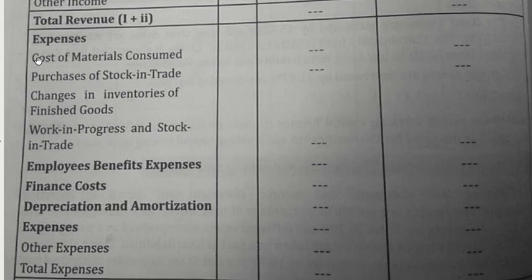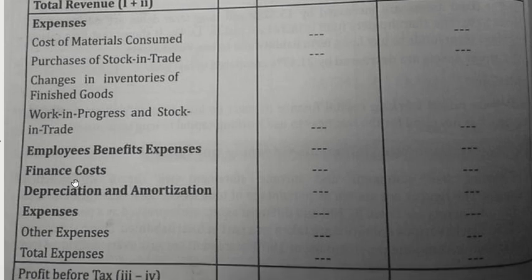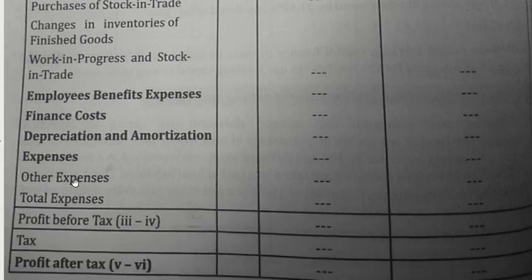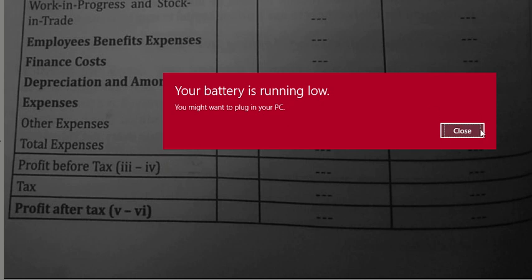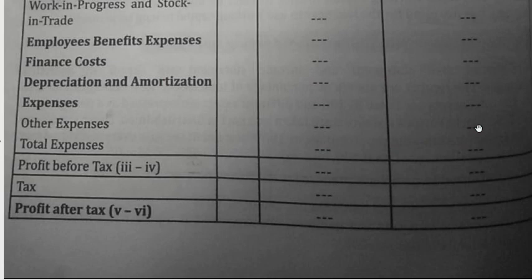The format remains the same: cost of material consumed, purchases of stock in trade, changes in inventories of finished goods, which is nothing but opening stock minus closing stock, employee benefit expenses, which are all the expenses relating to the employees, then your finance cost involved in borrowing funds, depreciation and amortization expenses of tangible and intangible assets, then other expenses, and then your total expenses.